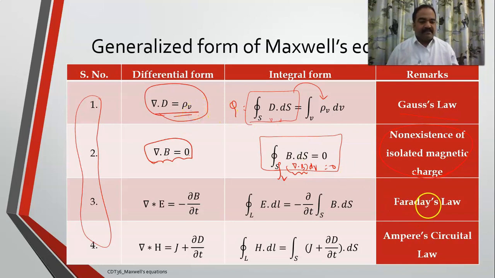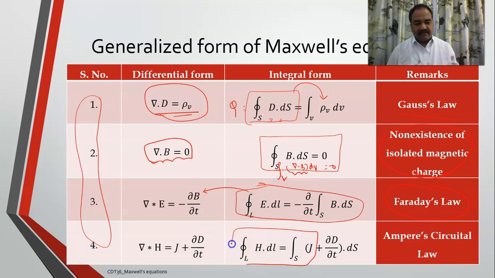And next is Faraday's law. We have seen in the previous week that the EMF which is induced is equal to the rate of change of flux. So we have seen this expression, we have modified that one. So del cross E is equal to minus dou B by dou t. And also the Ampere circuit law, which we have already done. For Ampere circuit law, earlier we have done only this one.